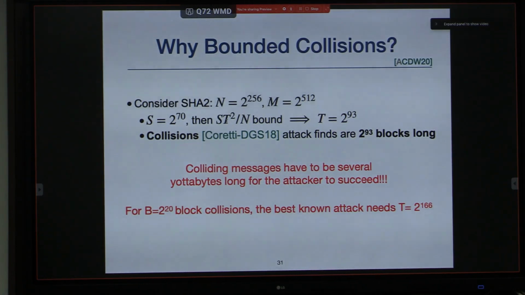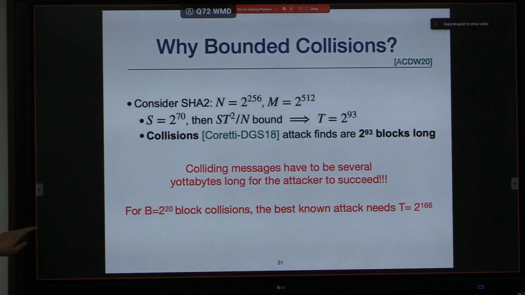So we wanted to restrict Merkle-Damgård to only hash messages that are up to 2 to the 20 blocks long. Then your collisions would have to be 2 to the 20 blocks long, right? And so basically the adversary wins only if it outputs 2 to the 20 block long collisions.